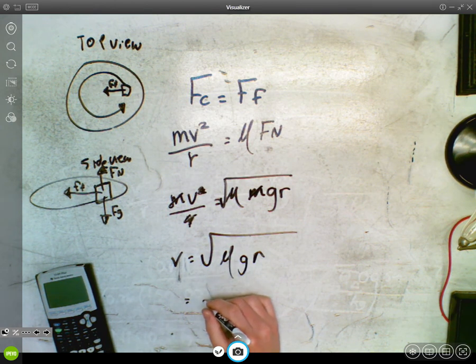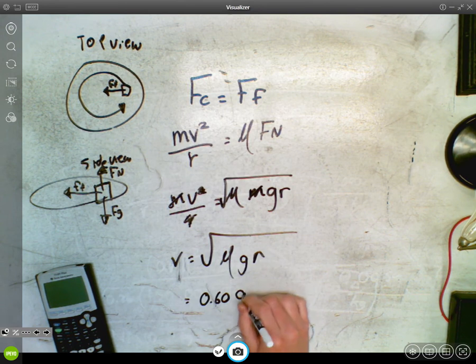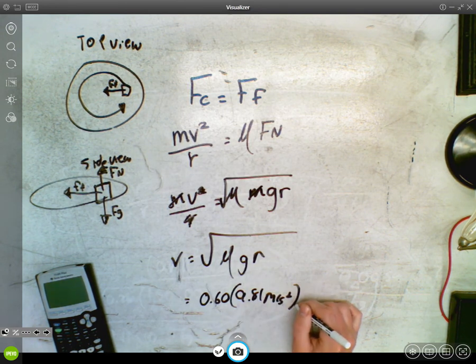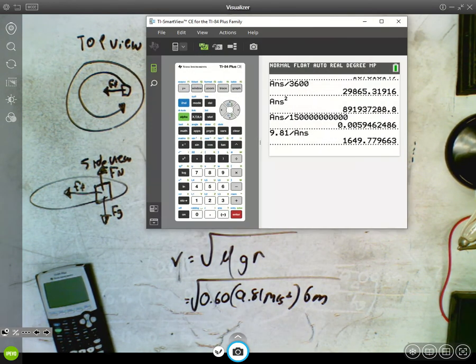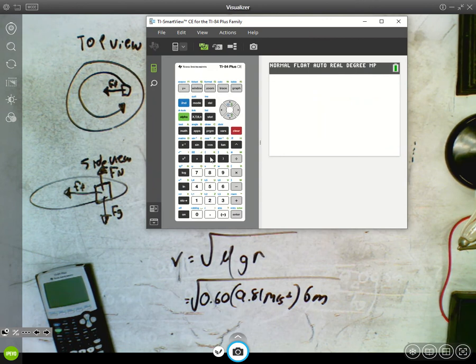So my coefficient of friction in the question is 0.60. G is 9.81 meters per second squared. And the radius of my merry-go-round is 6 meters. I square root that, and I can find out what the maximum speed is. I don't like doing square root first.